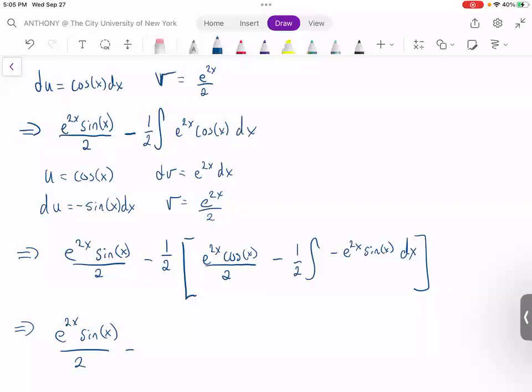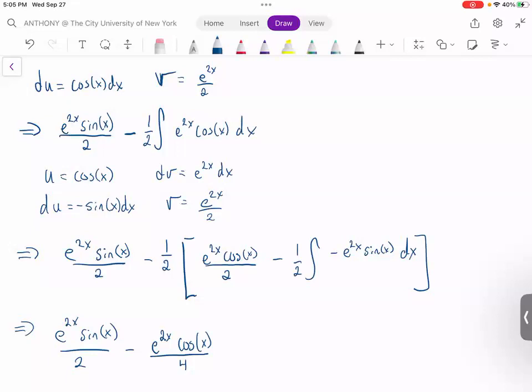I could clean up this piece a little bit. I could distribute the negative 1/2 inside the brackets. So negative 1/2 times e to the 2x cosine of x over 2 is just negative e to the 2x times cosine of x over 4. Then negative 1/2 times negative 1/2 is positive 1/4, right?